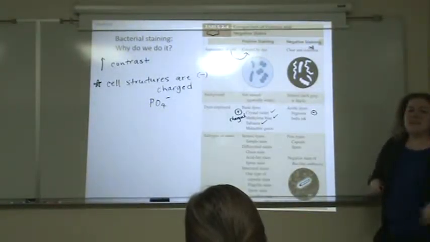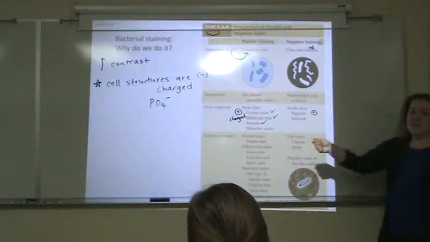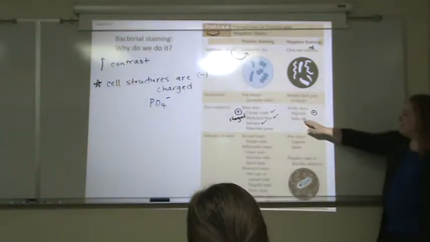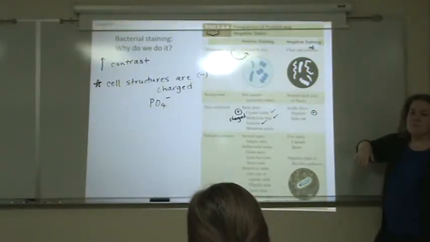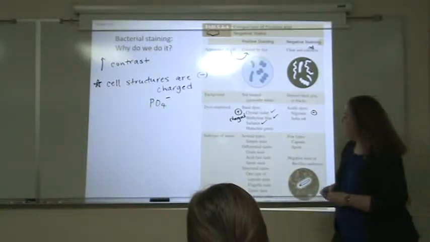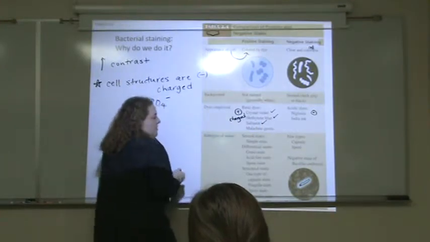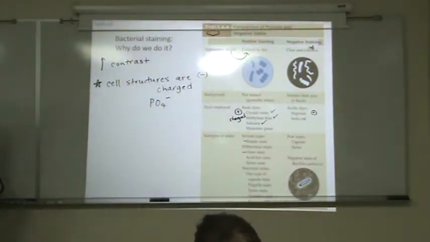And you can do negative stains with Sharpies. We might do one next week just for fun. Take a Sharpie, which is ink, which is negatively charged, and color, and then look. But the other ones that we do, we're going to do simple stain next week, gram stain next week, and those are positive stains with basic dyes.